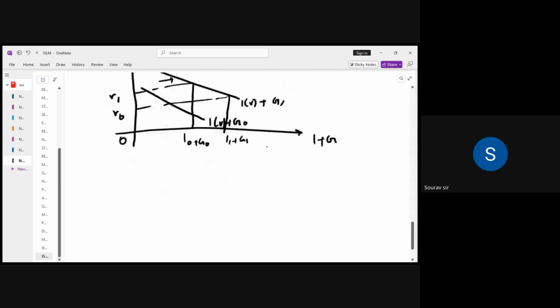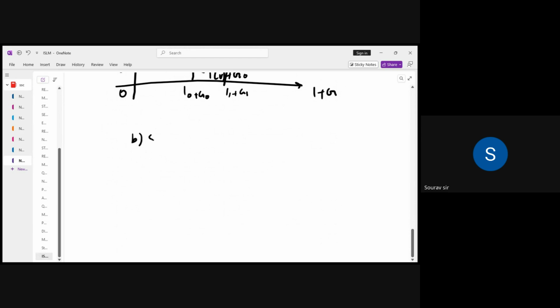And what we need also here is saving plus tax.